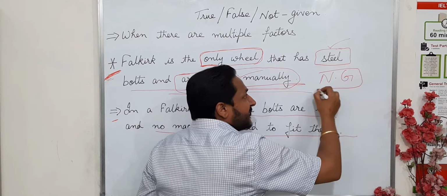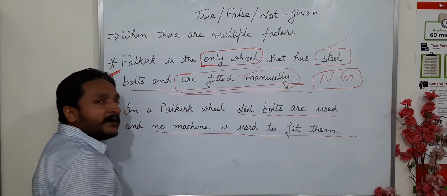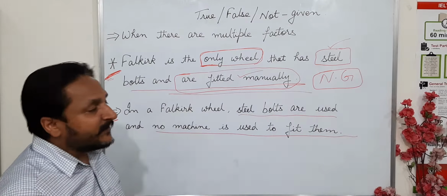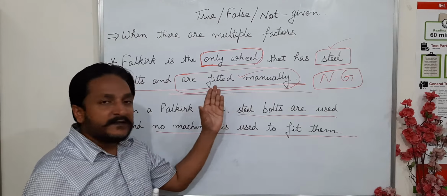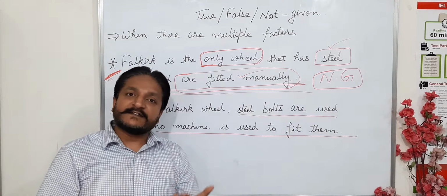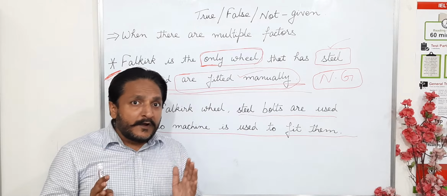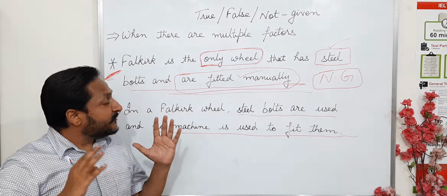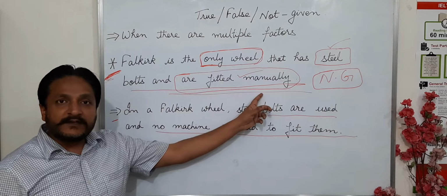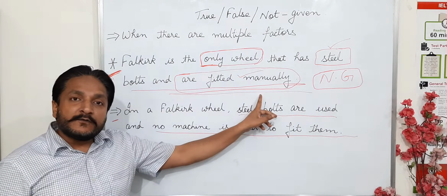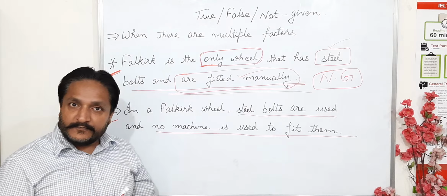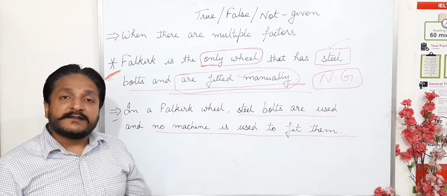Guys, it is very necessary that we are clear on our concept at this stage, only then I'll be able to take it to the next level. So once we are convinced that it is not given, I want you to see another thing.